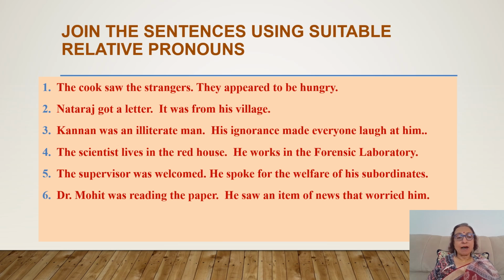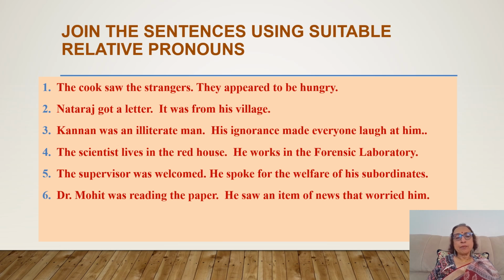The sentences are, the cook saw the strangers. One sentence. They appeared to be hungry. Strangers and they are repeated. Nataraj got a letter. It was from his village. Letter and it are the same. Kannan was an illiterate man. His ignorance made everyone laugh at him.